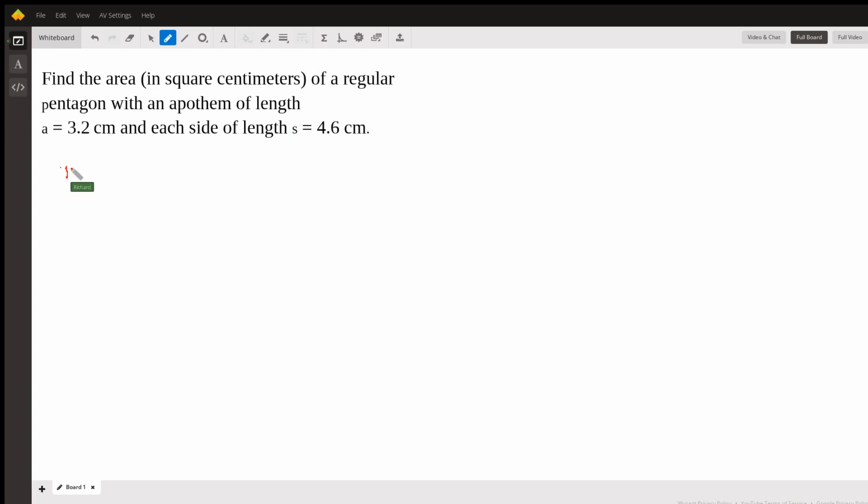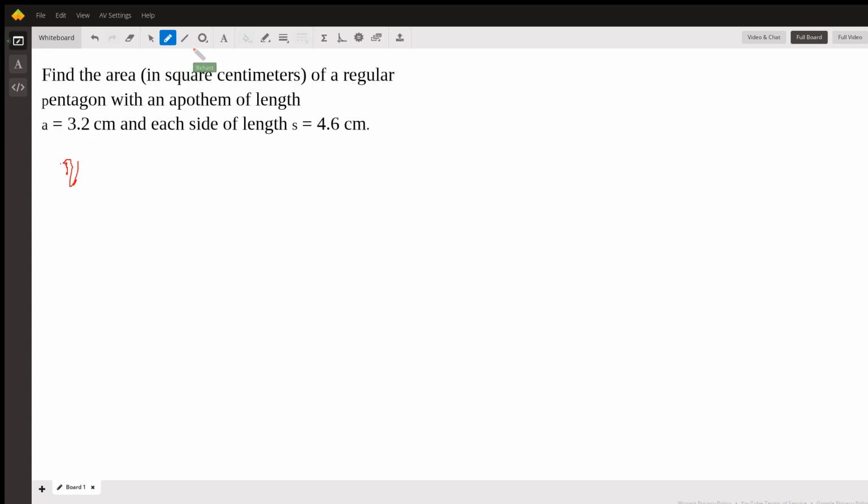So the area is just 1/2 AP, where A is the apothem and P is the perimeter, in this case of a pentagon.